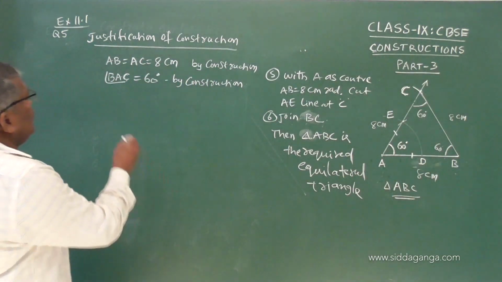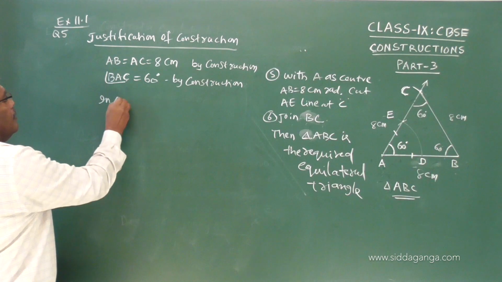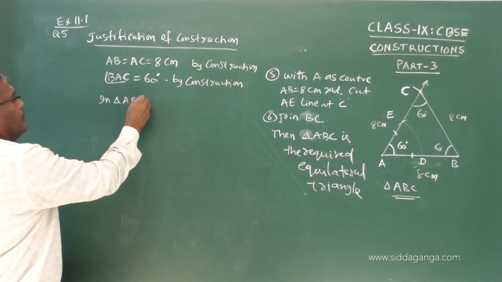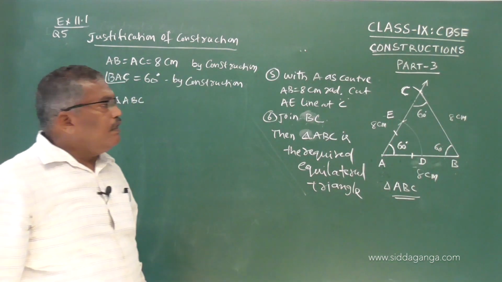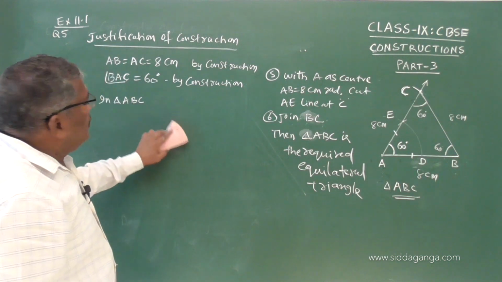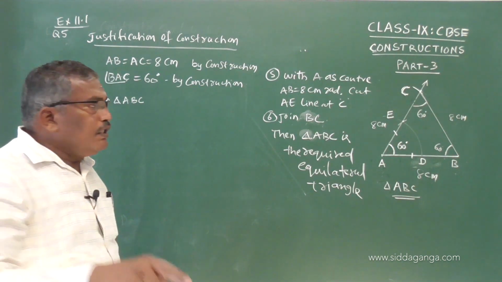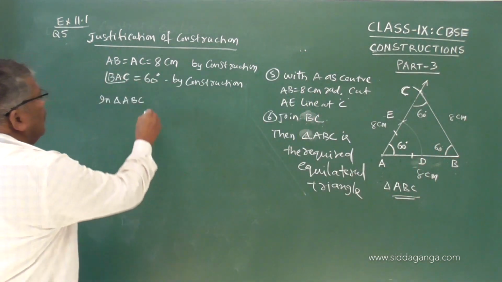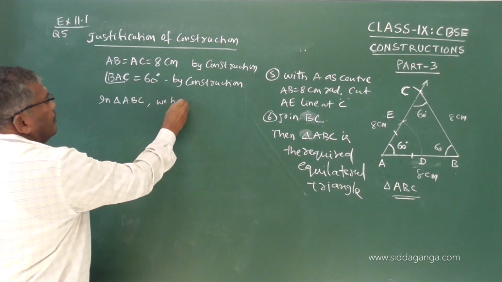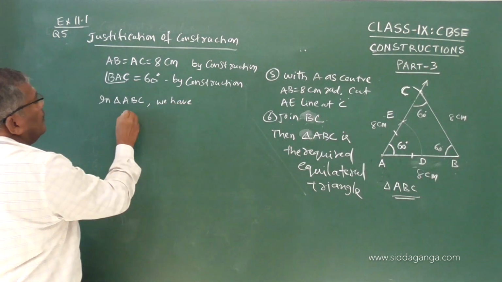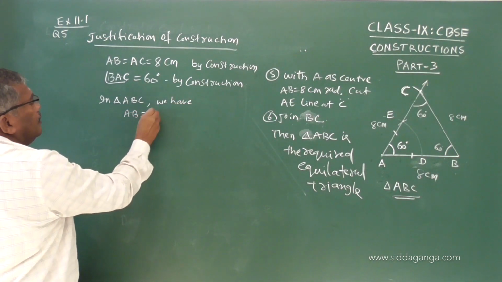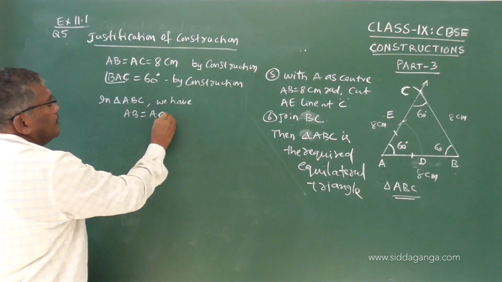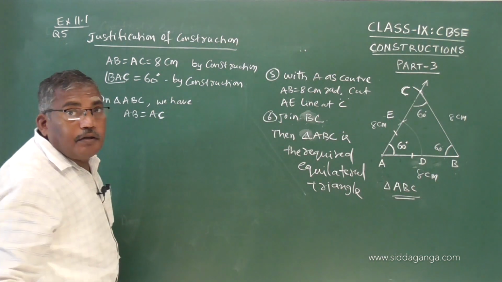Now, in the triangle ABC, first we shall prove that these are 60 degree. We have AB equals AC. Those two are equal.